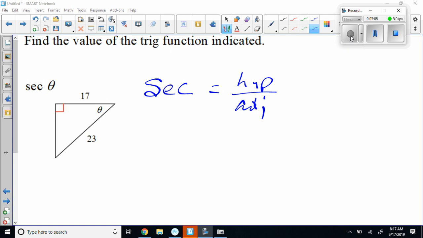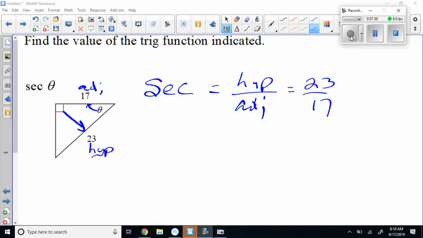So, guys, here's theta. This would be the adjacent. The 23 would be the hypotenuse. So, 23 over 17. So we're just setting up that ratio. Now, we could find what the angle is.